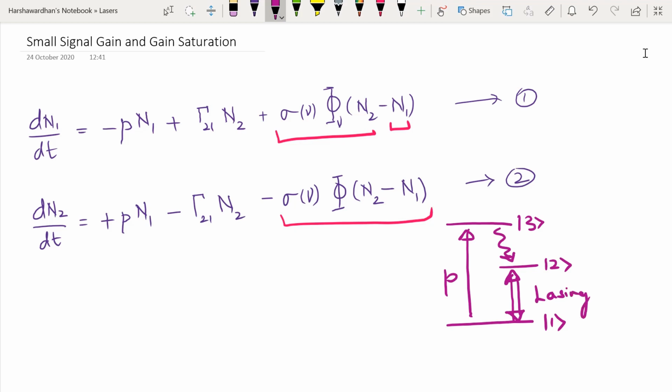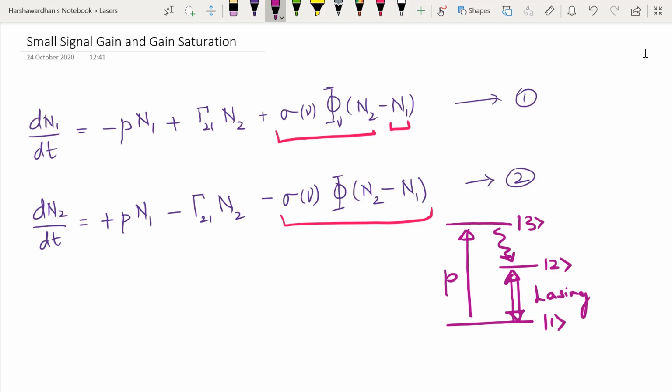So we had analyzed this system previously in the context of threshold. We had made an approximation that at threshold, the photon flux indeed is extremely small, and hence these terms marked in red were basically ignored. Now what I want to do is look at a more general solution of these two governing equations.